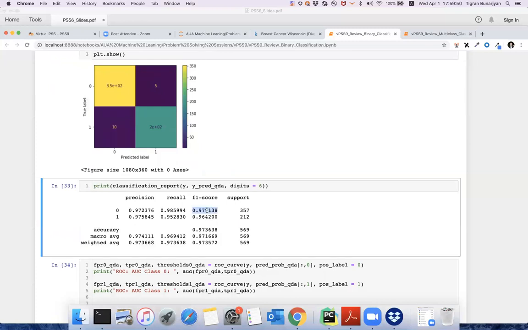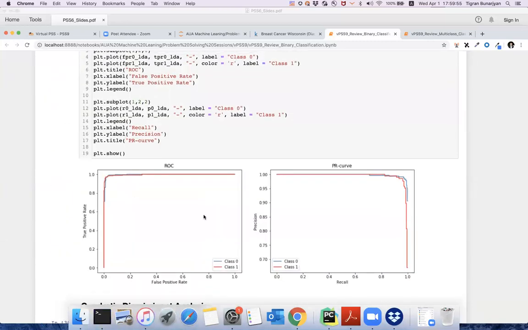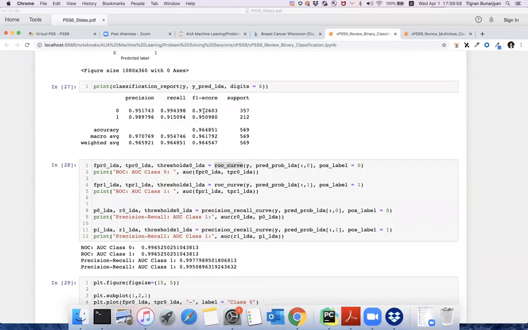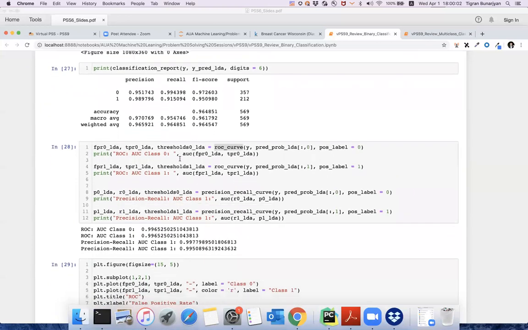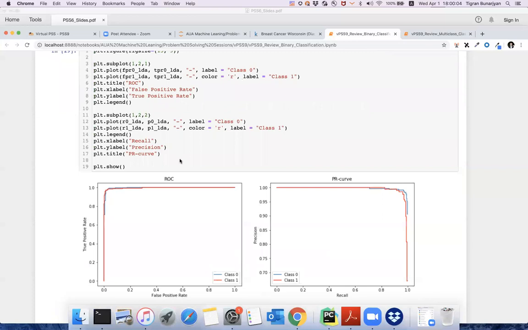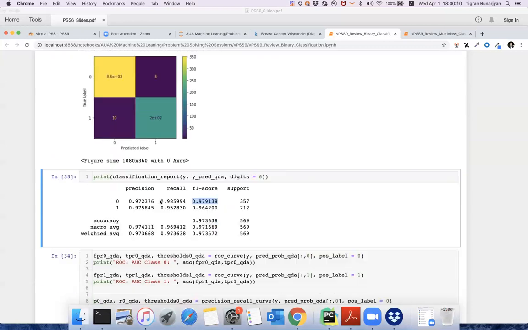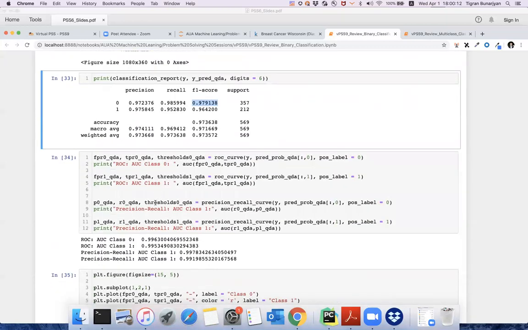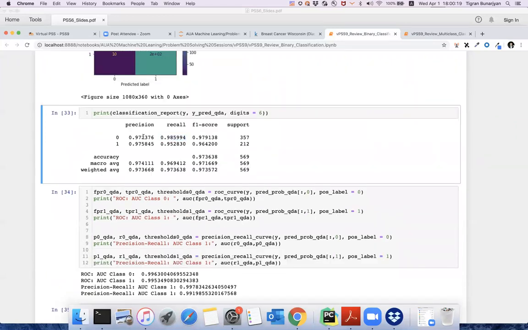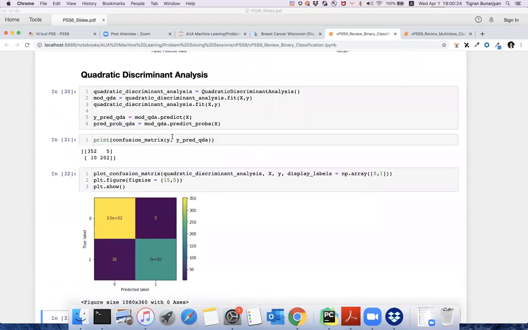And looking at the F1 score in here, we have 0.97 and 0.96. In QDA, the precision and recall are greater than LDA's. In QDA, the precision is 0.97 and 0.98.